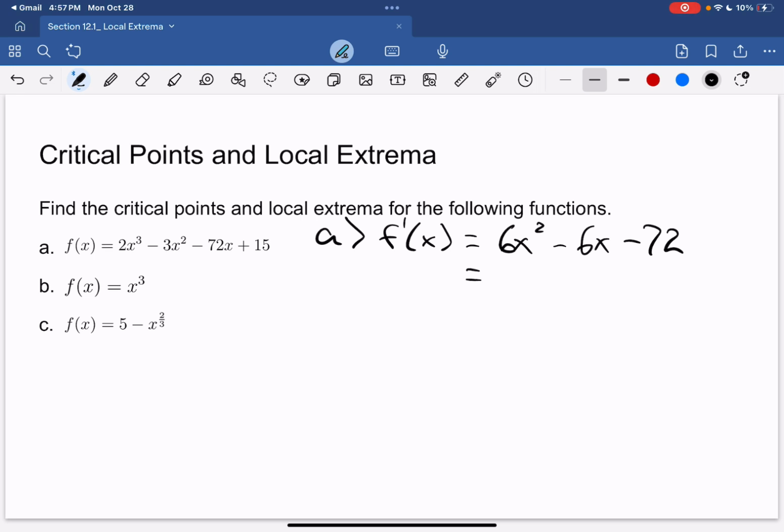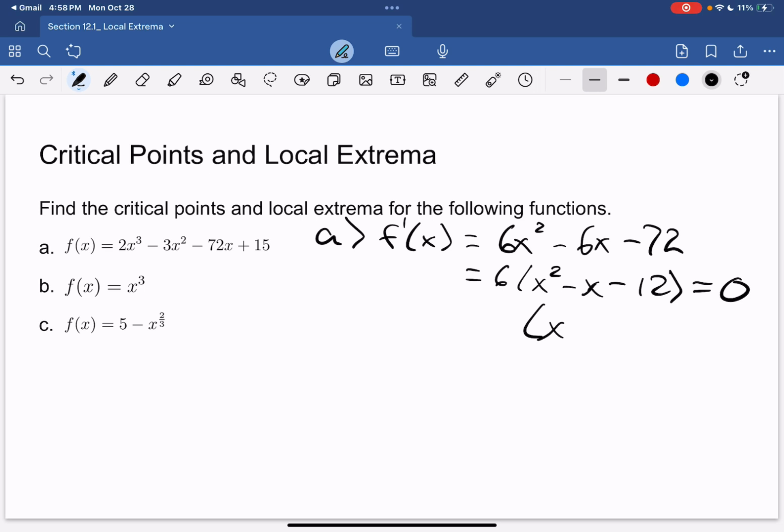Find the critical values the same way I did with the first one, except we just didn't know they were called that. I'm going to factor out the 6, and I'm going to set it, okay, and I want that to equal 0. All right, so now you can use the quadratic formula or you can factor it.